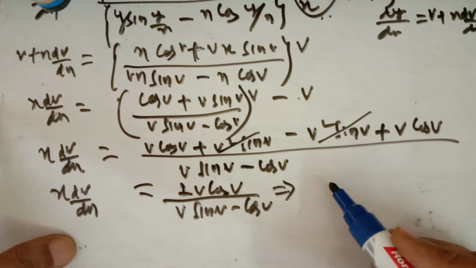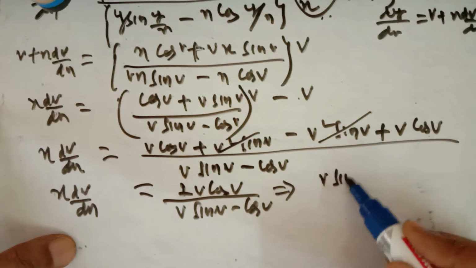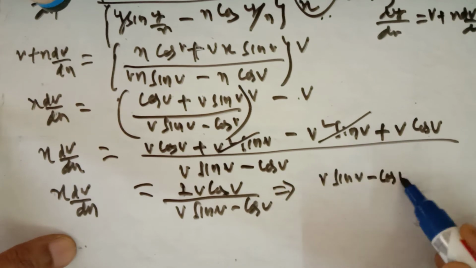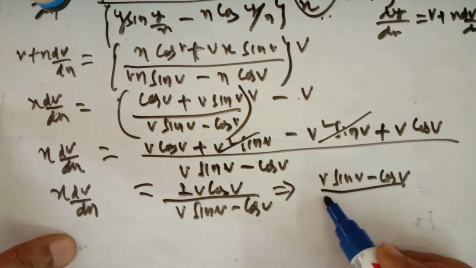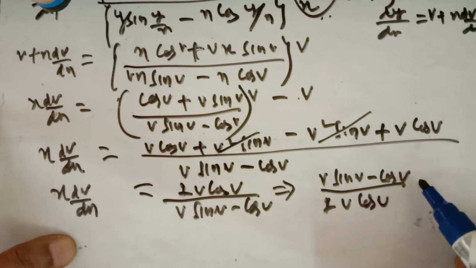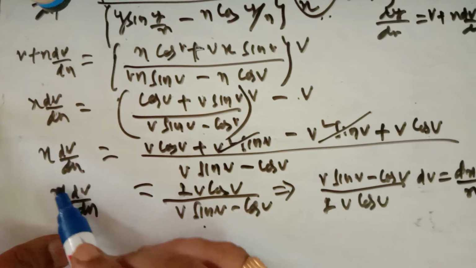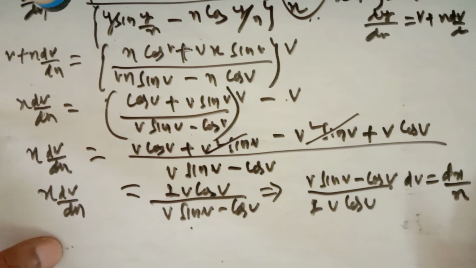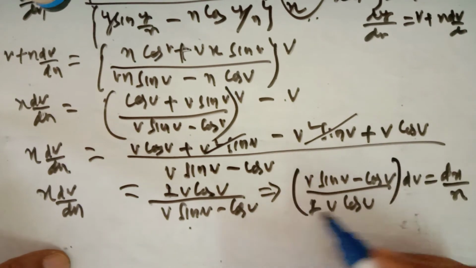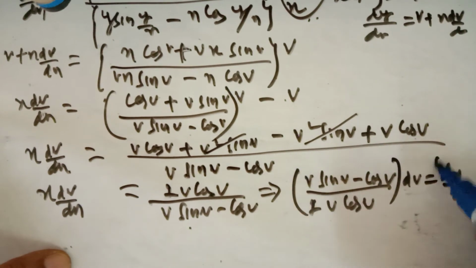So (v sin v minus cos v) upon 2v cos v dv is equal to dx upon x. Cross multiply, collecting the terms containing dv and v, and dx and x, and taking integration on both sides.